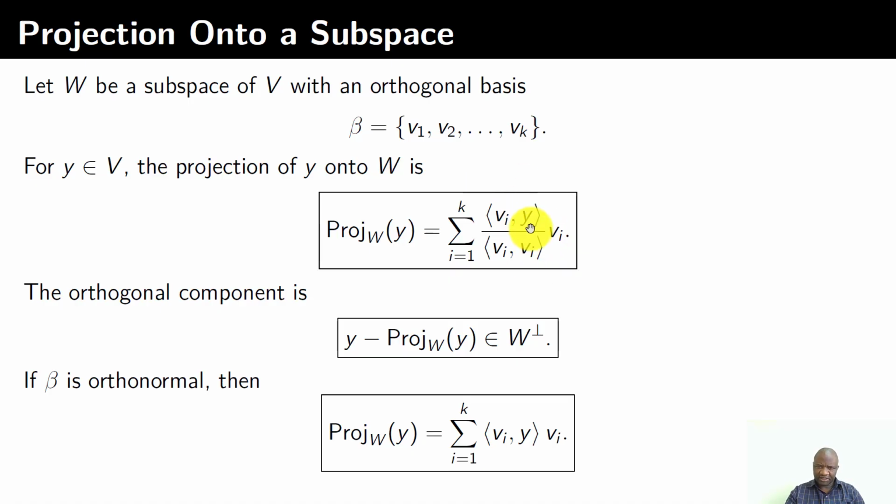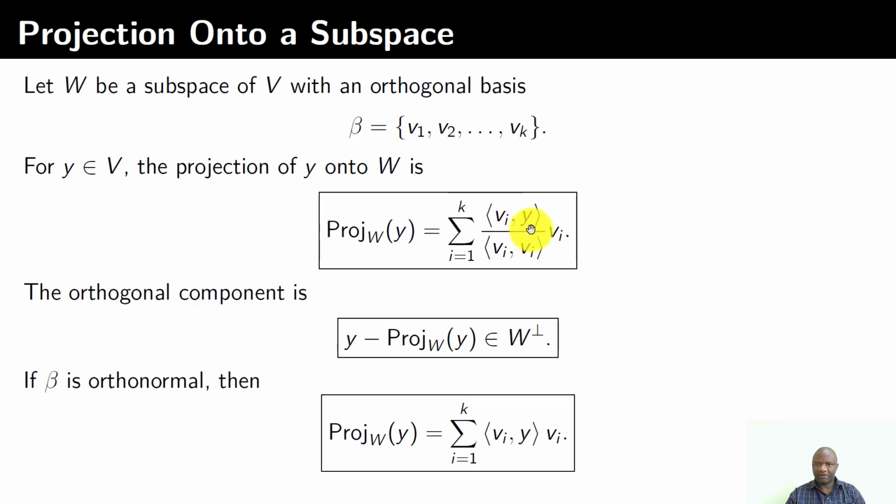You can note that it looks like an extension of the individual projection of a vector y onto v. In the beginning, it was only a single vector v here.